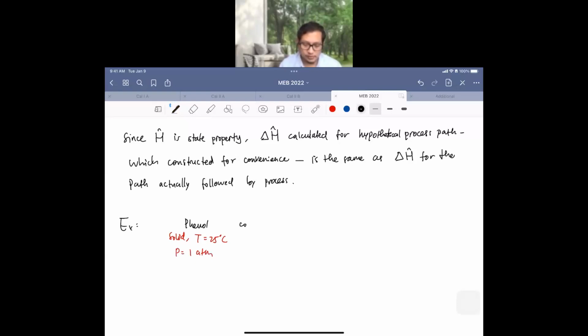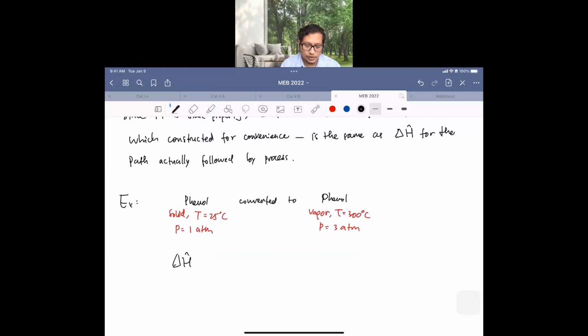It's converted to phenol vapor, T is 300 degrees Celsius and the pressure is 3 atmospheres. Well, if we had a table for phenol, then delta H we can simply say is the subtraction of the outlet, the vapor, T is 300 degrees Celsius, P is 3 atmospheres, minus the inlet, which is the solid, with T 25 degrees Celsius and pressure 1 atmosphere.